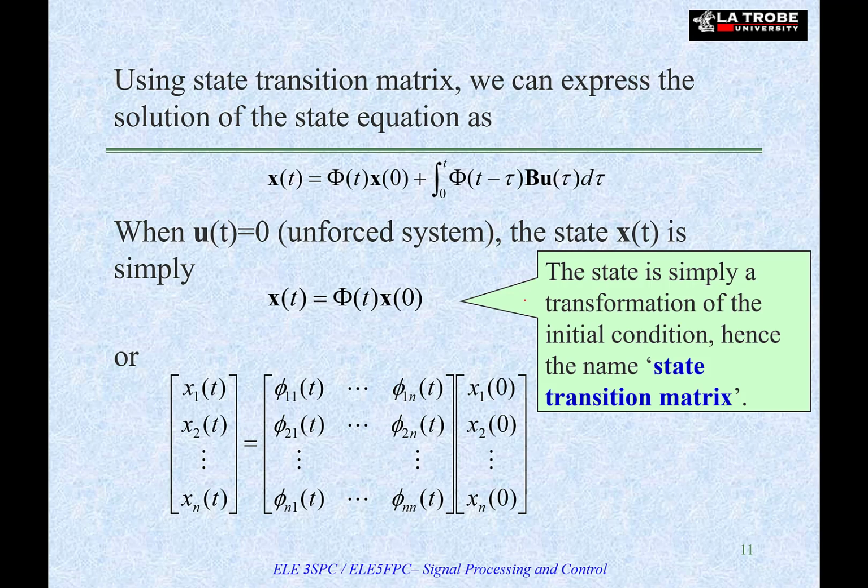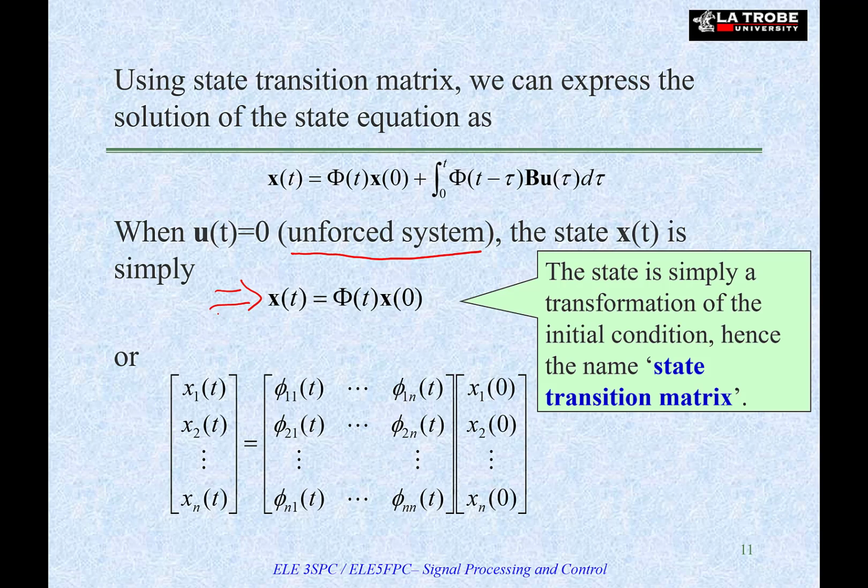If the system has a zero input, which means it is an unforced system, u(t) equals 0, the state x(t) can be simplified to this. So x(t) is simply equal to phi(t) times x naught. Now you can see the role played by the state transition matrix. It translates the initial state of a control system into the current state, x(t).